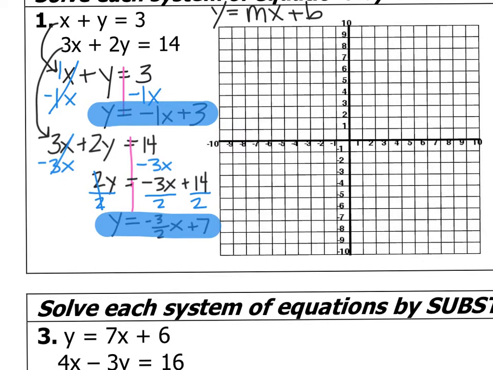This first equation has a, sorry about that. Let's re-highlight here. No, they're pink. My first equation has a y-intercept of positive 3. Remember, the y-intercept is our starting point, and it tells us where along the y-axis my first dot is.